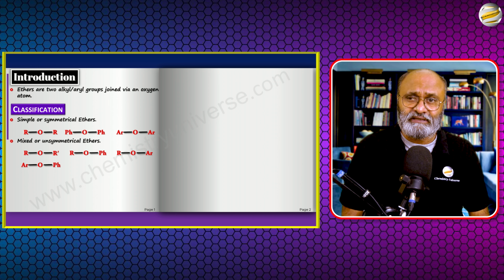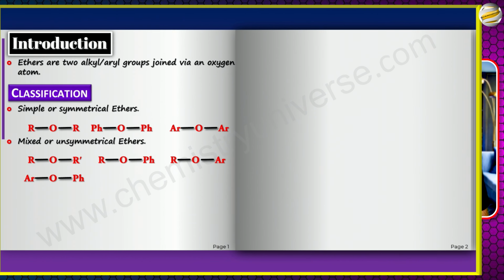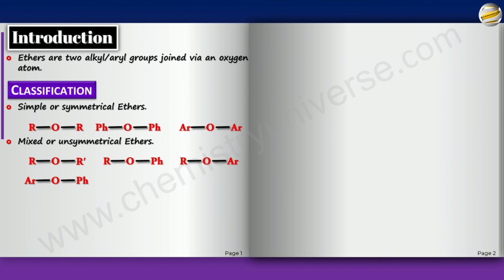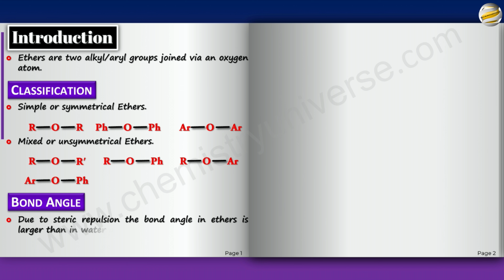And in alcohols, it is slightly greater, close to 108.5 because of the steric hindrance of R. In ethers, it increases even further due to steric repulsion and reaches almost 110 degrees. So due to steric repulsion, the bond angle in ethers is larger than in water and alcohol: close to 104.5, close to 108.5, and this is almost 110.